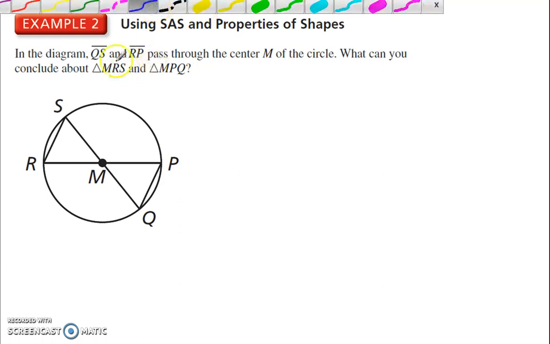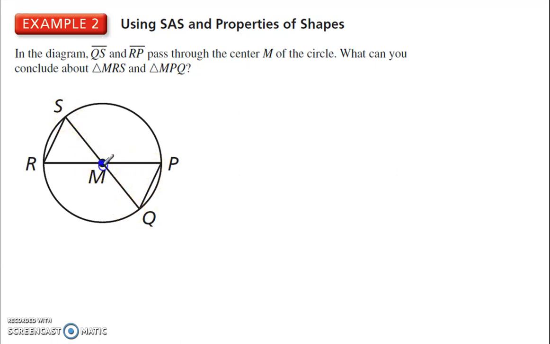Example 2. In the diagram, QS and RP pass through the center M of the circle. What can you conclude about triangle MRS and MPQ? Alright, so we know that this is the center, so that means from the center to the outside, this has to be the radius in each of these.